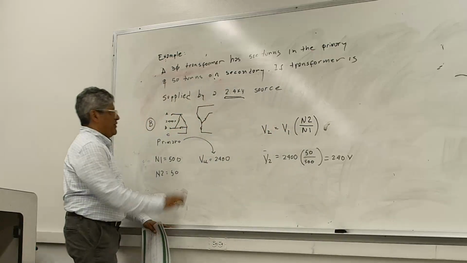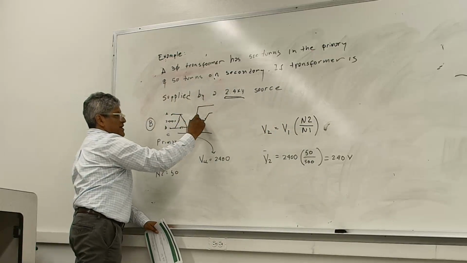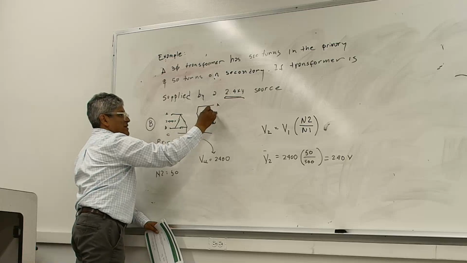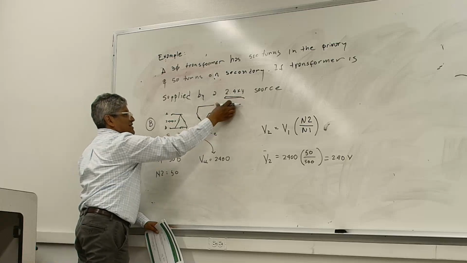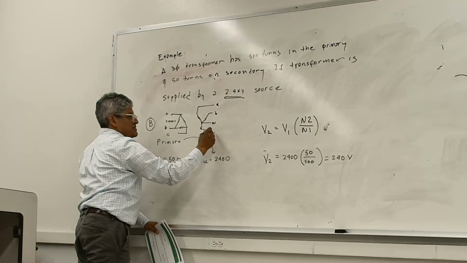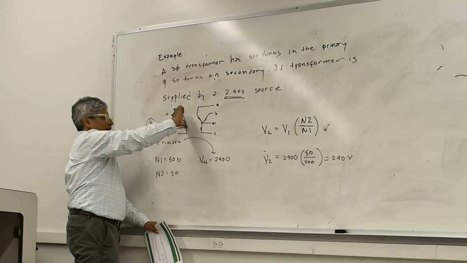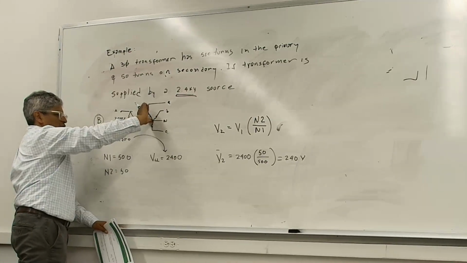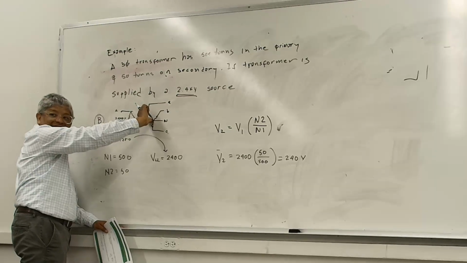But remember, once again, this is my neutral, this is my A, this is my B, and this is my C wire. Actually, I'm gonna make it lowercase c, okay? So again, I'm assuming that I'm applying across this winding 240 volts. Make sense?